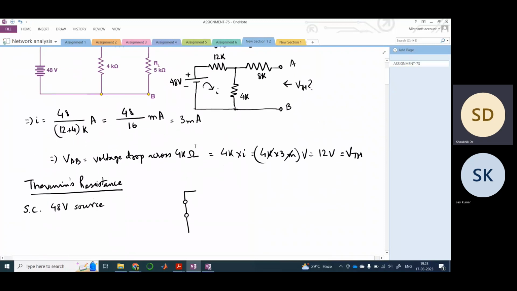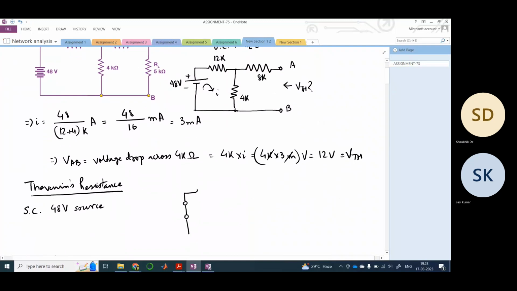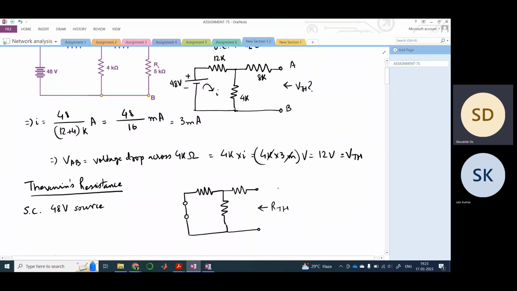Then we have these resistances: 12K, 4K, and we have 8K here. So here we will be calculating RTH. This is 8K, this is 12K, and this is 4K.